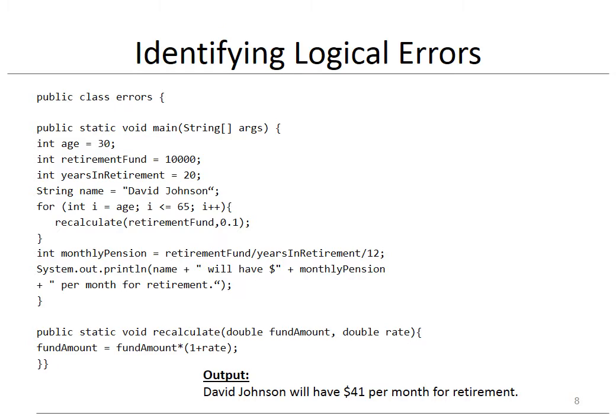However, closer inspection reveals that the number 41 is lower than what we would expect. In fact, 10,000 divided by 20 years divided by 12 months is $41 per month. But the program is supposed to be calculating an annual return rate of 10% for all the years between age 30 and age 65. So what's going on here?